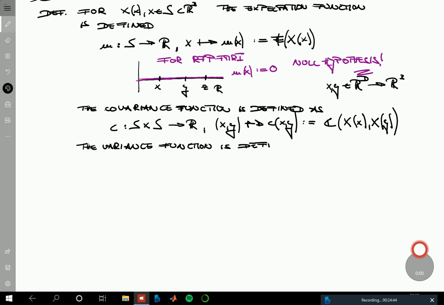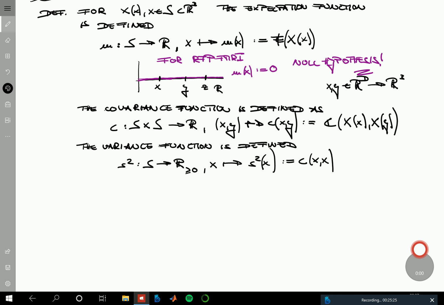So the variance function is defined as the covariation with itself, like the variance is defined. That's of course always larger or equal to 0. And this mainly will play a role for the definition of Z fields, because Z random variables have variance 1, and Z fields will have the variance function equal to 1 everywhere.